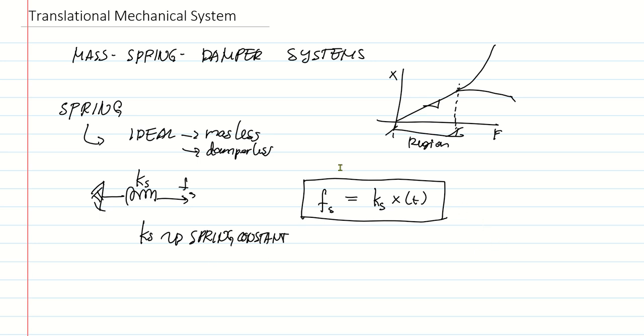This is if we are looking at F as our input and the displacement as our output. So force is the input and output is the displacement. But sometimes we don't want the displacement. We want the velocity of the motion.